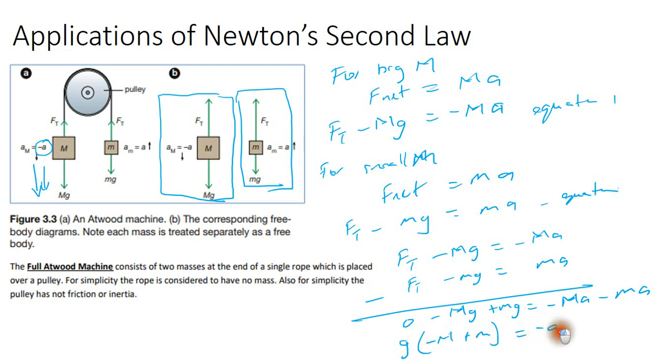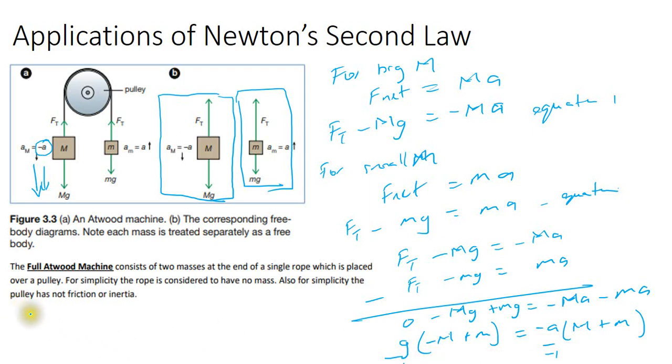So negative a on this side is equal to big M plus small m. Now we want acceleration, so we'd have to divide. Before we do that, let's divide both sides by negative 1. If we're dividing both sides by negative 1, then we're going to have a different thing happening here.